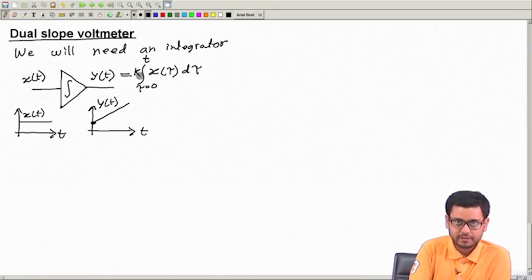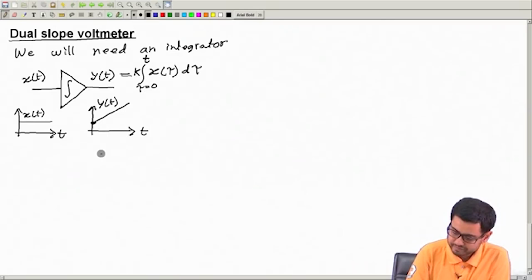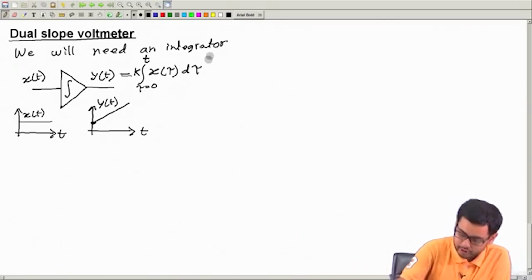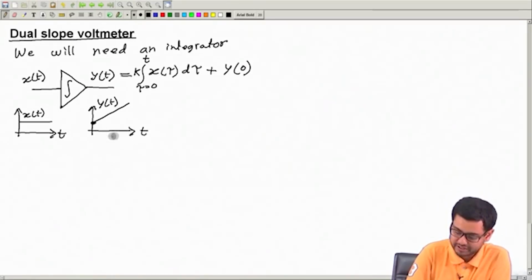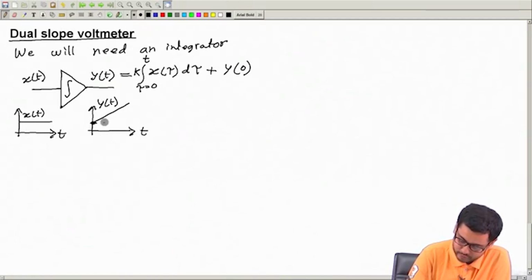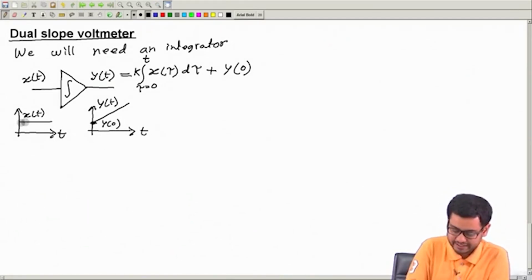K can be 1, k can be not equal to 1 also. And also I can put a starting value, to be more mathematically precise, where y(0) is this y(0).